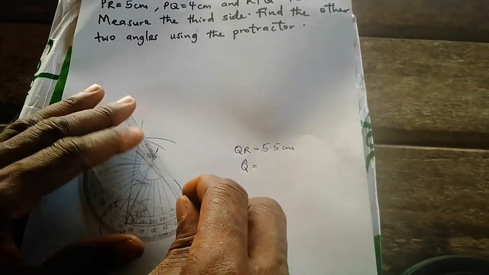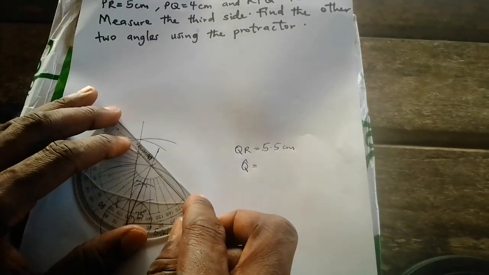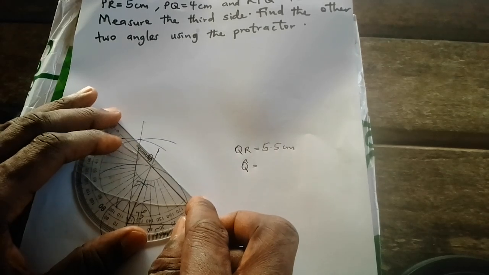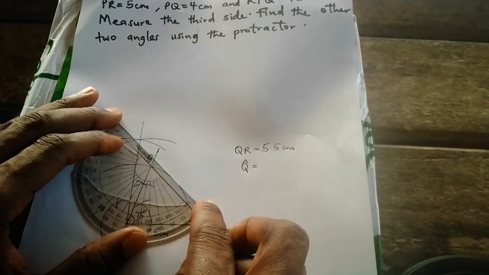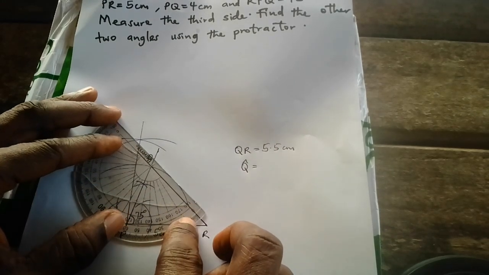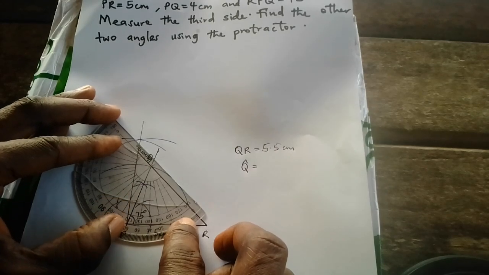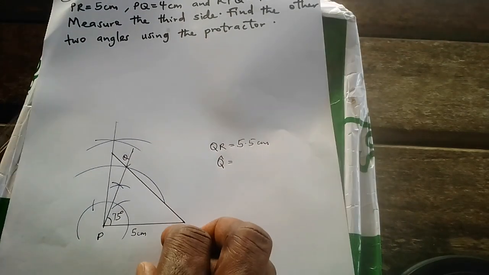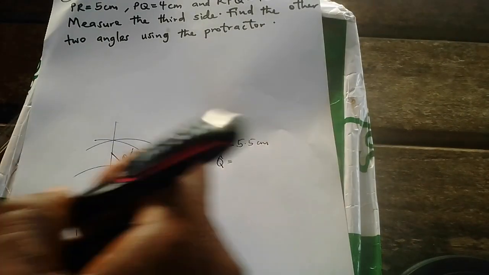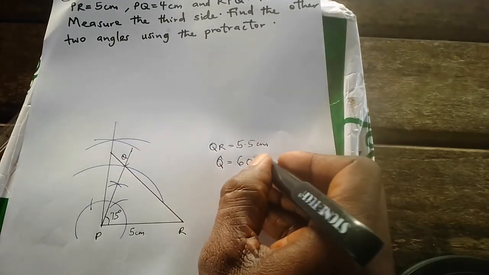Then to measure the angle, the point of intersection there gives me angle 60. It gave me 60 degrees. So my angle Q is 60 degrees.